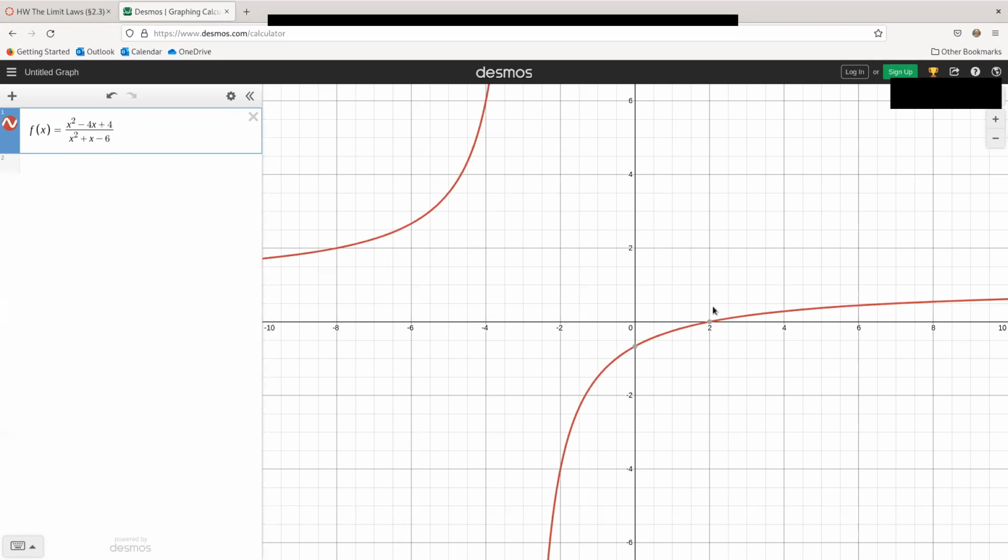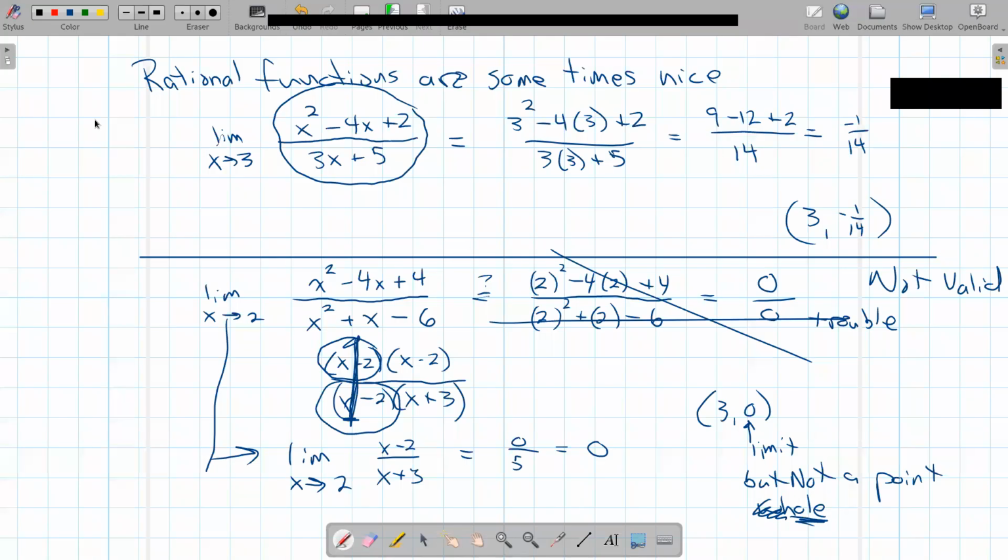And if I go over here to the point 2, 0, it says it exists. So did I type that wrong? I think that looks right. x squared minus 4x plus 4 over x squared plus x minus 6 at 2 should not exist.